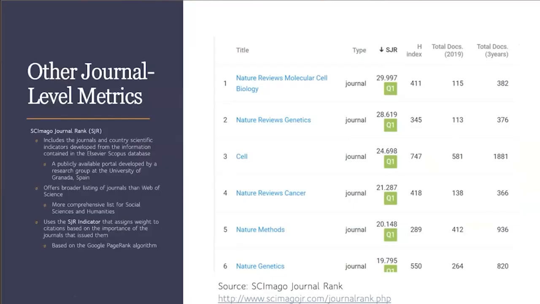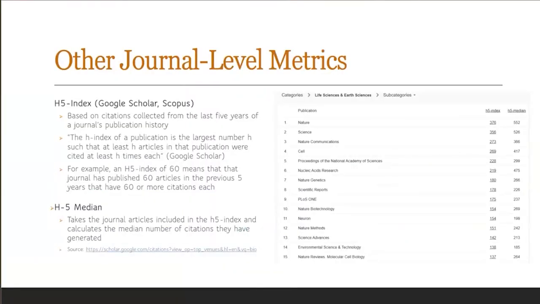So it's not very open, and I have issues with Elsevier in general. And there's also the Google PageRank algorithm, which is talked about here.